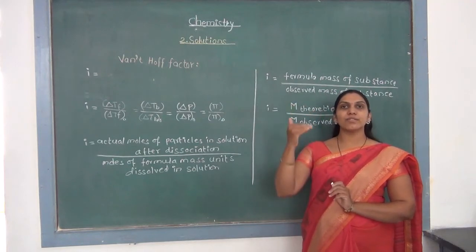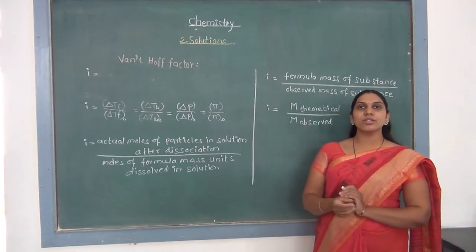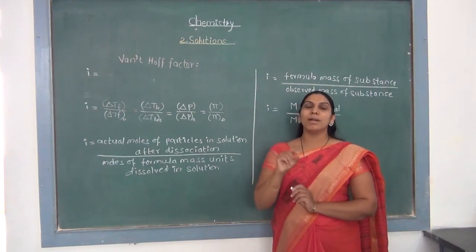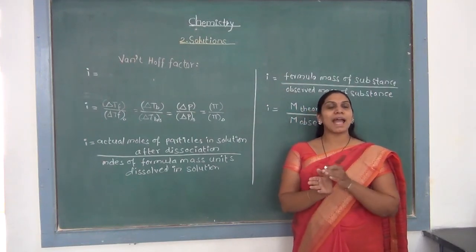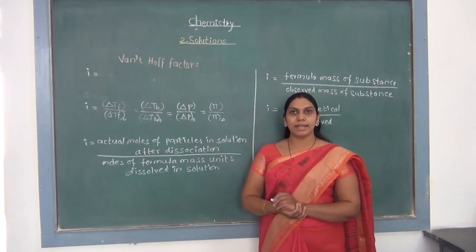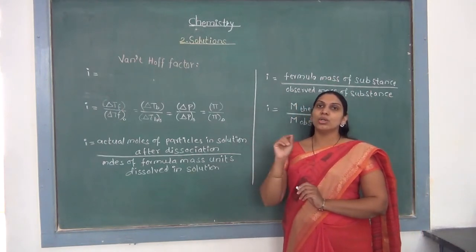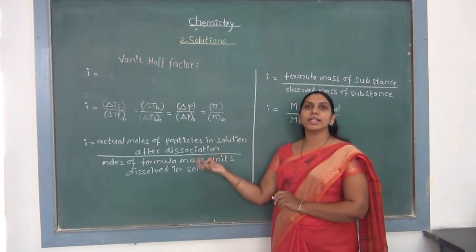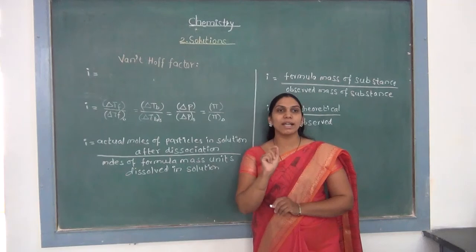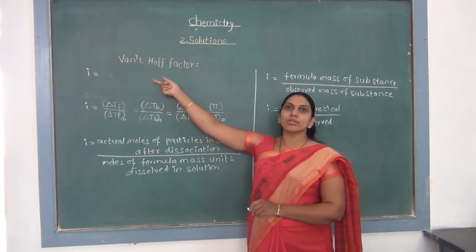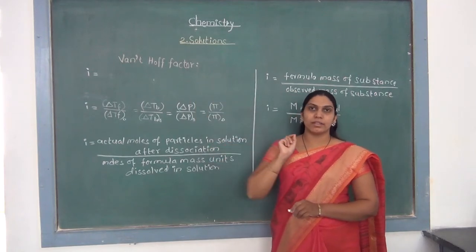That means we have studied different equations for the colligative properties of non-electrolytes, but these equations are not applicable as they are to the colligative properties of electrolytes. So now we will study how the relations of colligative properties for electrolytes can be given, and for that the topic we are going to study is the Van 't Hoff factor.